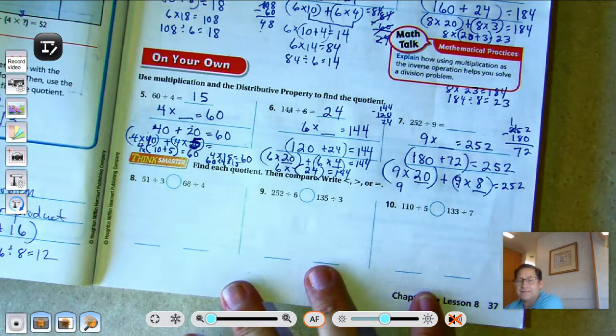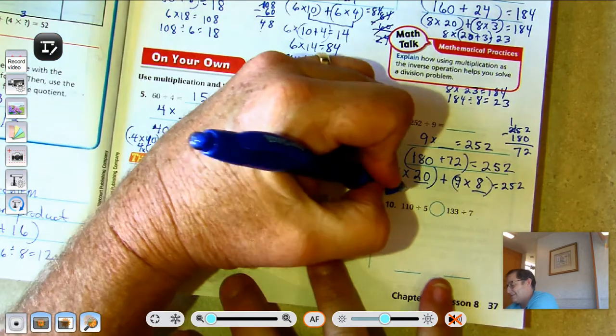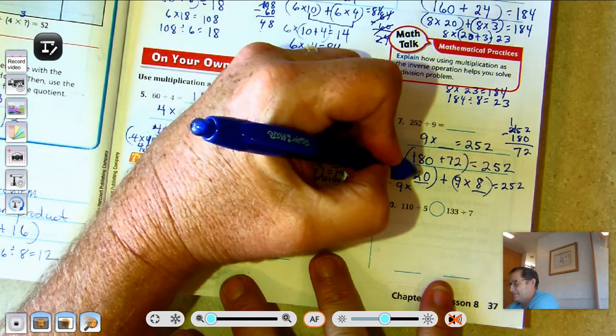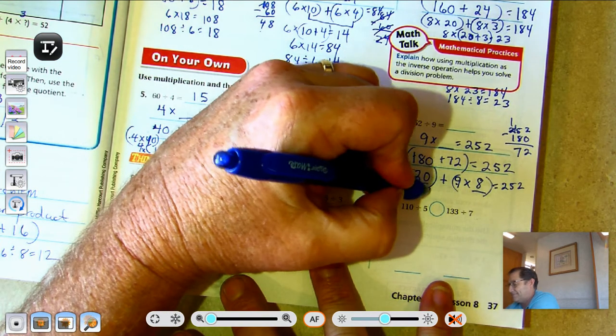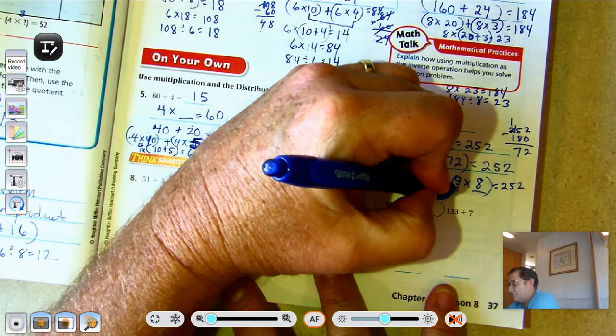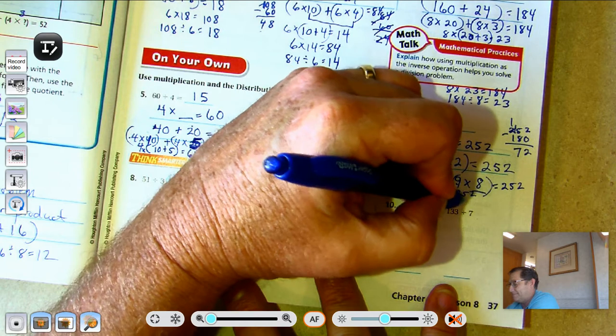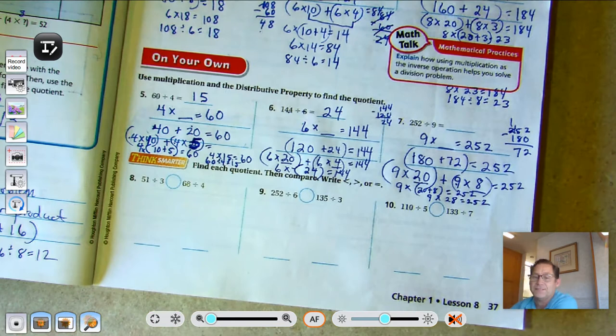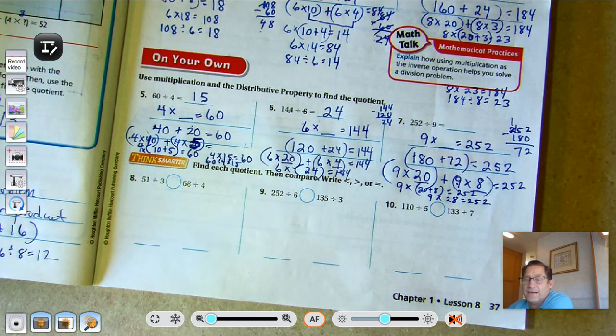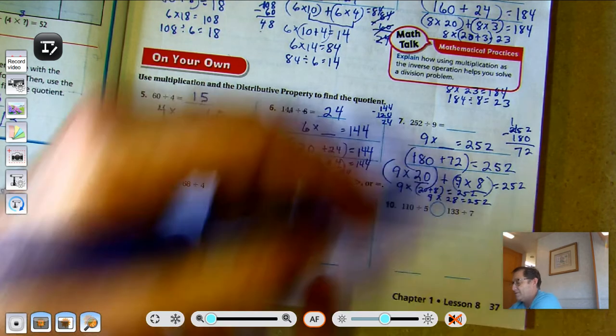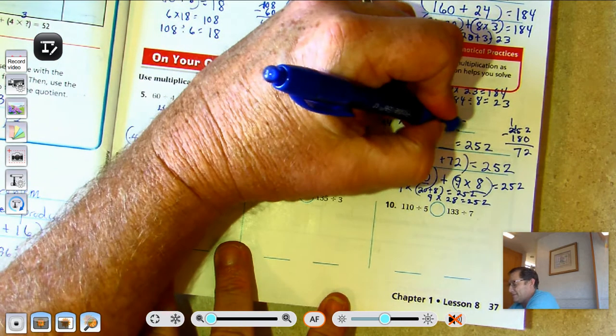So rewrite it as 9 times 20 plus 8 equals 252. So 9 times 28 equals 252. So if 9 times 28 is 252, then 252 divided by 9 is 28.